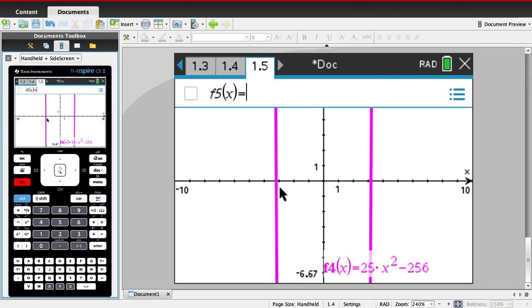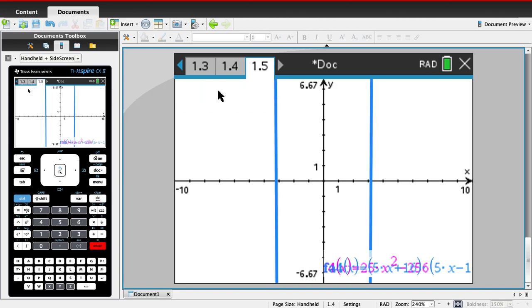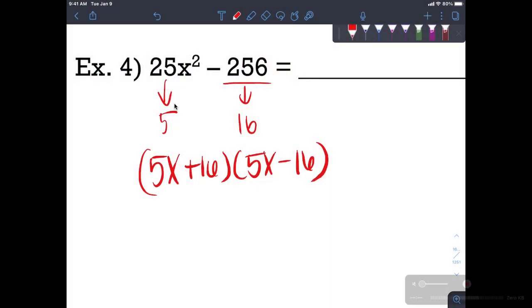Let's go ahead and type in that answer for number 4. And we got 5x plus 16 multiplied by 5x minus 16. And look at that, it lays directly on top of it, meaning we did this exactly correct because they are the same. So that is my answer. And my x's should be located at positive or negative 16 over 5.